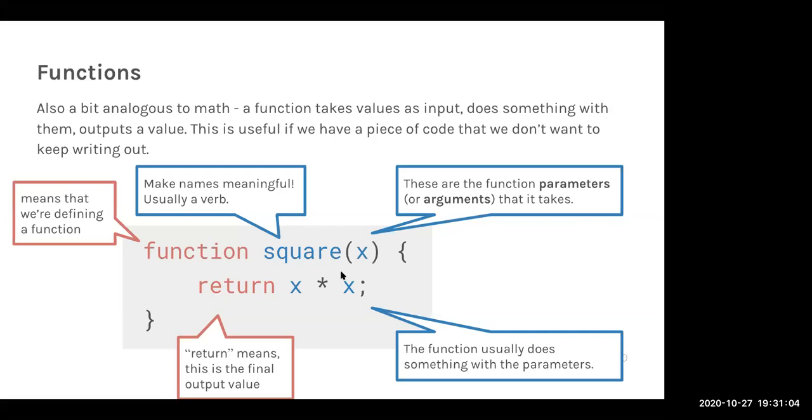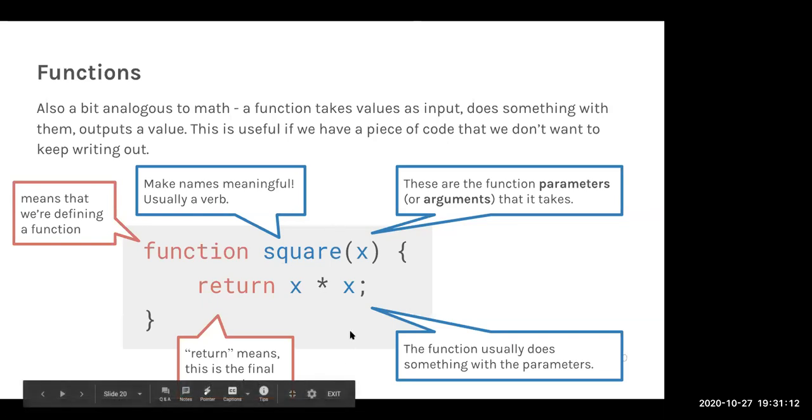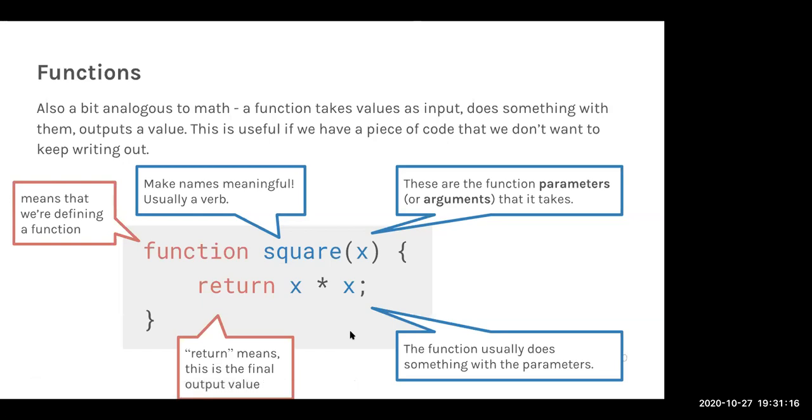This is useful if we have a piece of code that we want to continually reuse. For example, if we had a 5-line chunk of code that we used in multiple locations within our script, then we could write a function and just call it every time we wanted to do something.